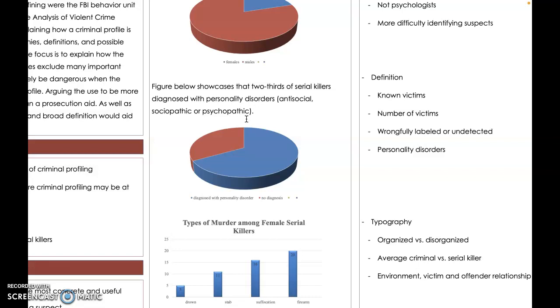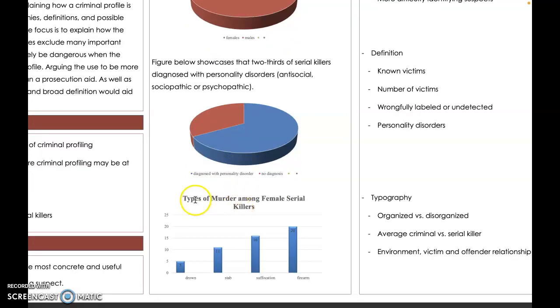So for the most part, criminal profiling would take into consideration that mainly they were diagnosed with some sort of personality disorder, but it doesn't always take into account this 1/3 that isn't. So if they were to say, oh, this person most likely suffers from sociopathy or psychopathy, they would miss out on 1/3 of the suspects that might fit the profile if they did not have that personality disorder.